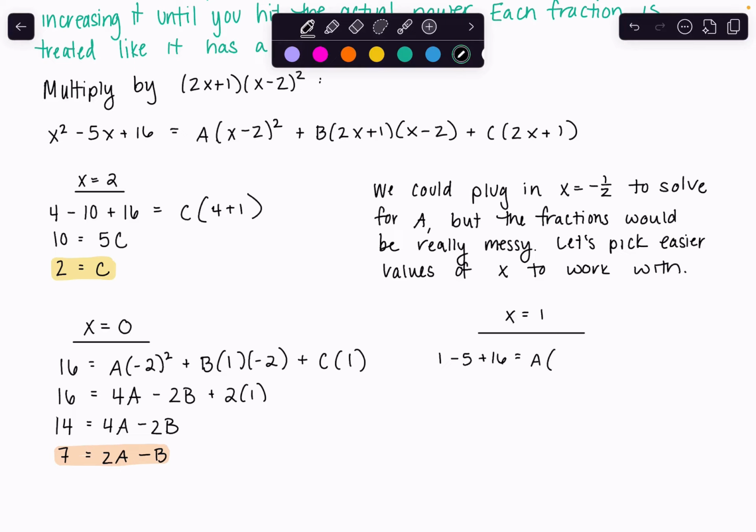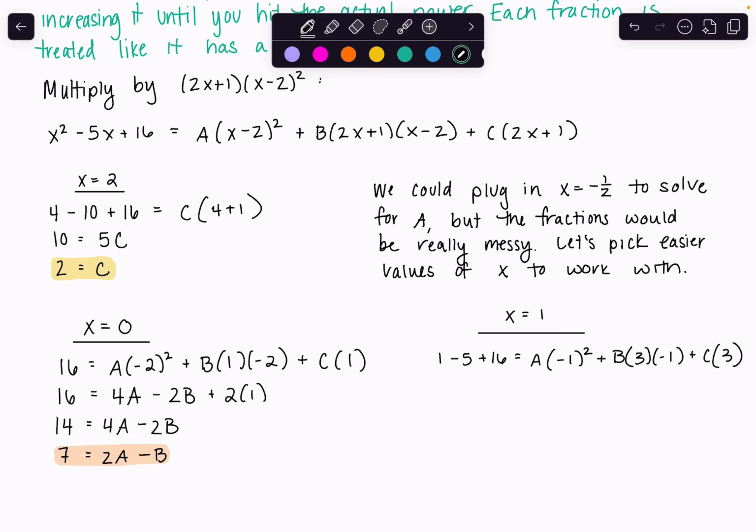We have a times 1 minus 2, which is -1. B times 2 plus 1, which is 3, and 1 minus 2 is -1. And then C times 2 plus 1 gives me 3.